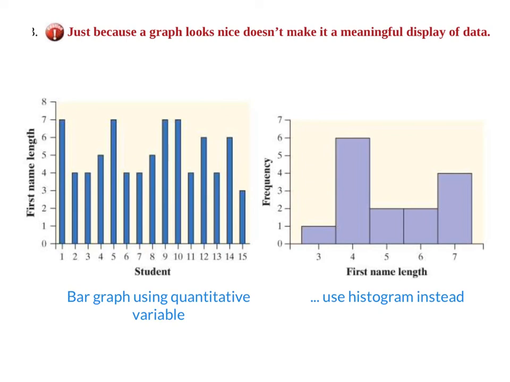There was a class of 15 students that counted the number of letters in all the names of those students in that class. And so this one on the left, a student just went on to Excel and said, all right, make me a graph, and this is what Excel did. And notice that we've got a bar graph, not a histogram. The bars aren't touching. So you've got all 15 students and then their first name length.